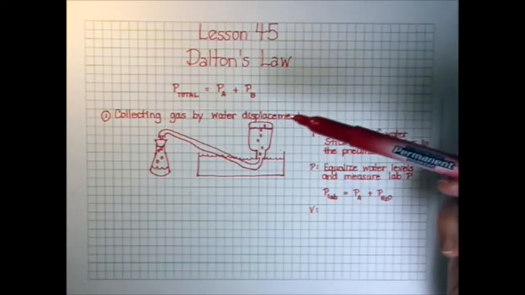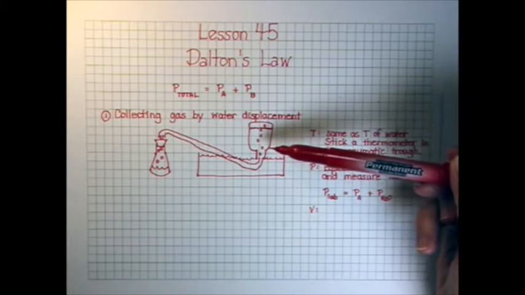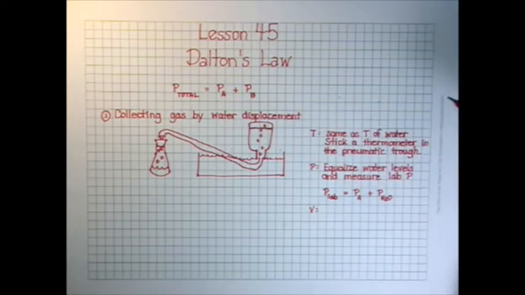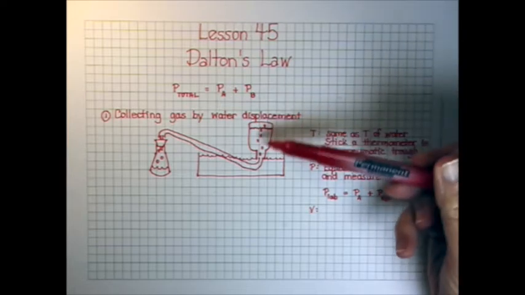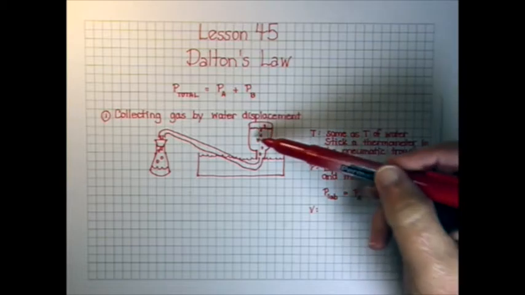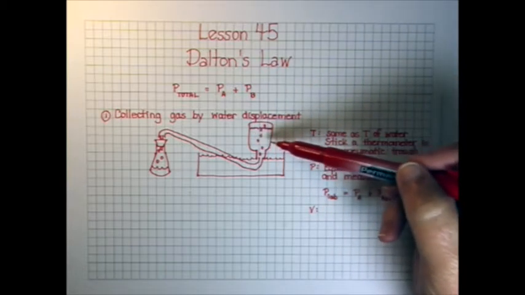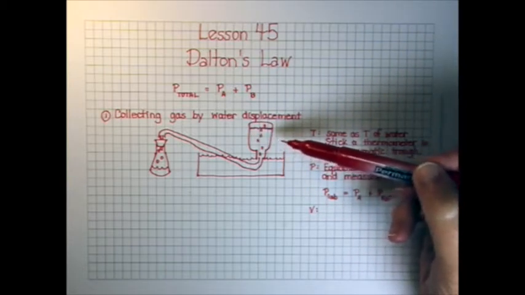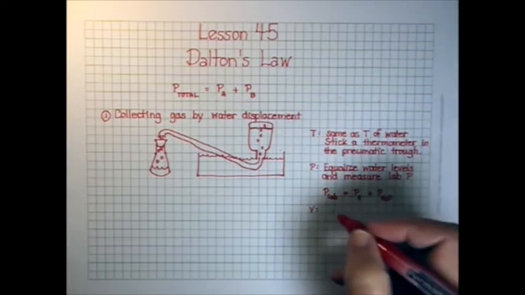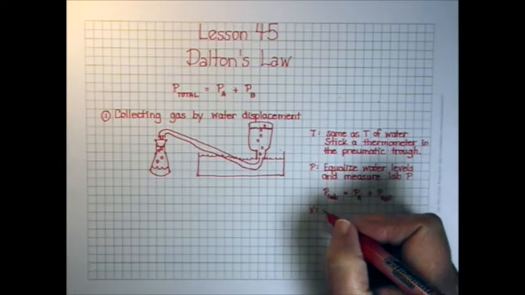Well, if you're using a graduated cylinder or a eudiometer, you can just read the volume directly off the collecting vessel. It's going to show you a water level at the 20 milliliter mark and you say, okay, I have 20 milliliters of gas. So you just read this from the collecting bottle.